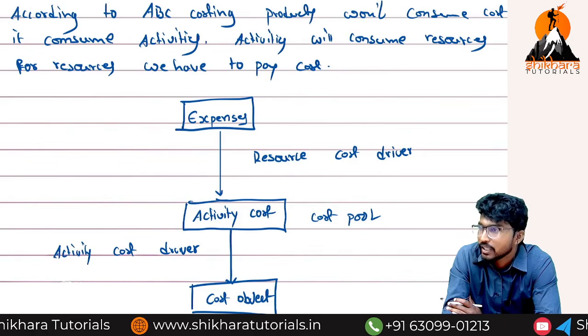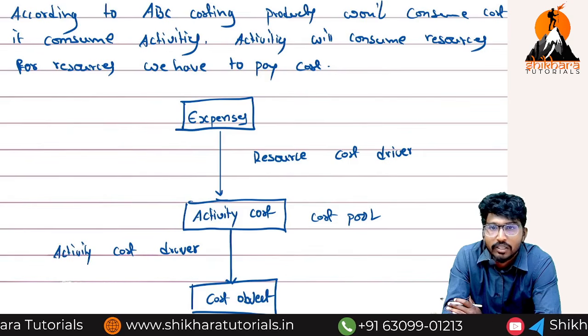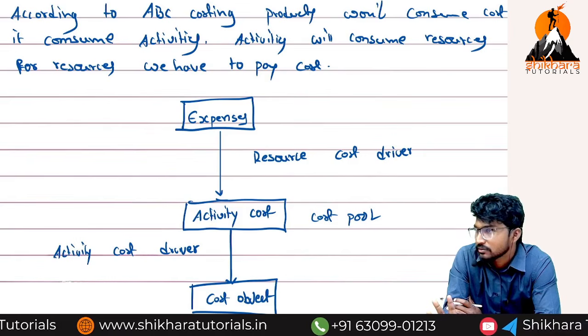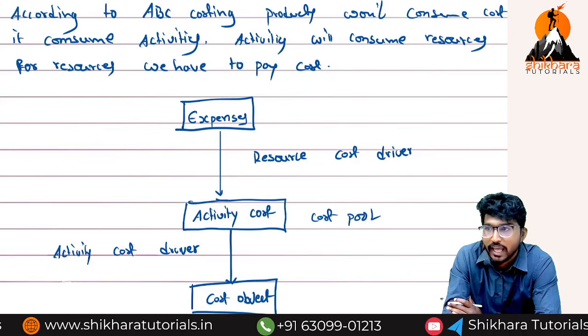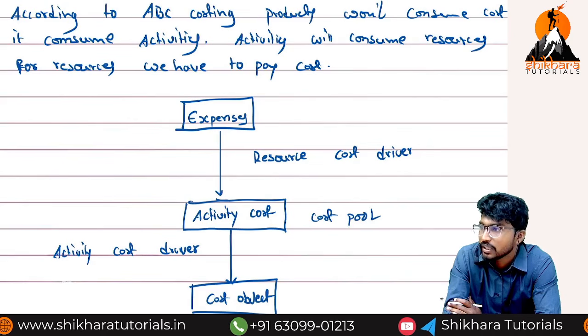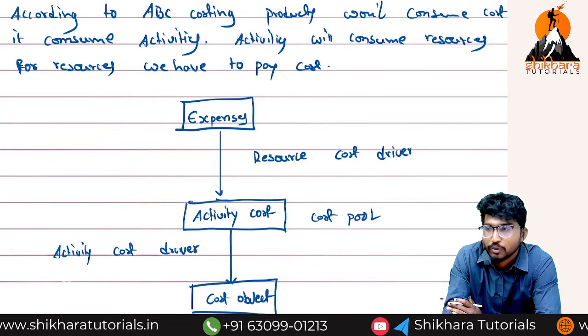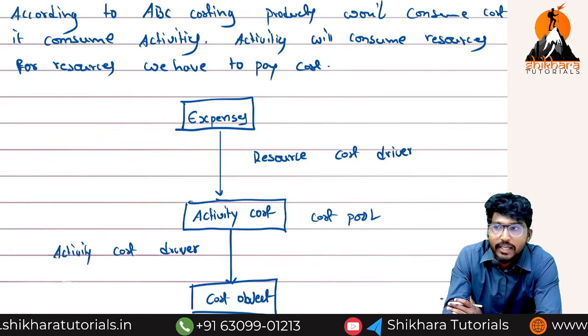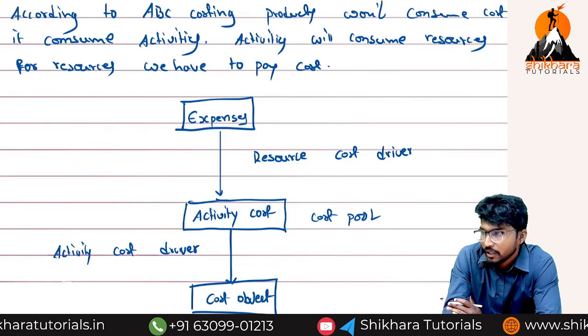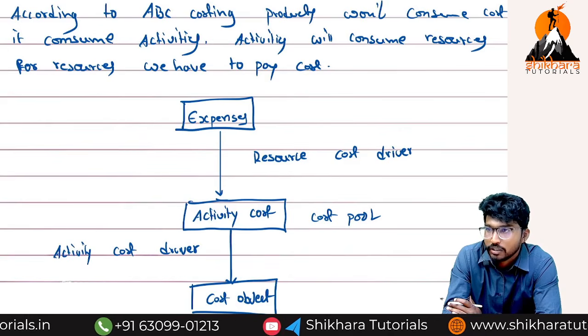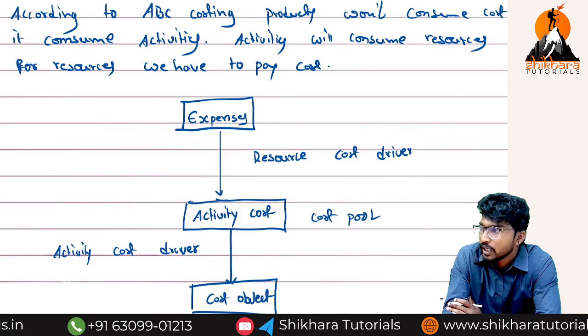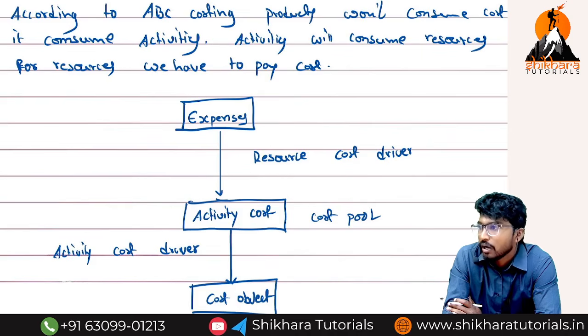All this will come under one head, that is car expenses. Car is an activity. For this we need to incur lots of expenses. I will group them together, and this is termed as cost pool. Now after finding the cost of an activity, after finding the cost pool, I will apportion it to whom? Cost object.